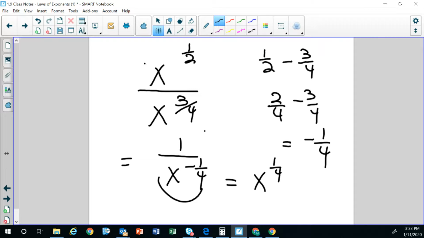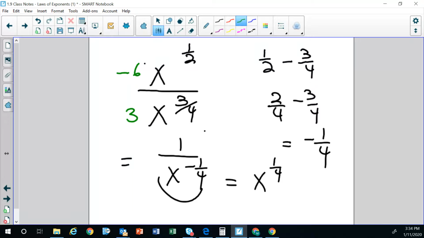Again, what if I had coefficients? What if I had a -6 and, say, a 3 here?